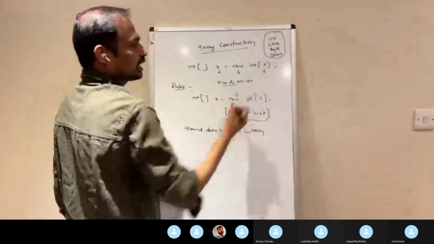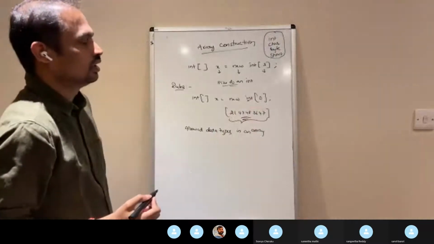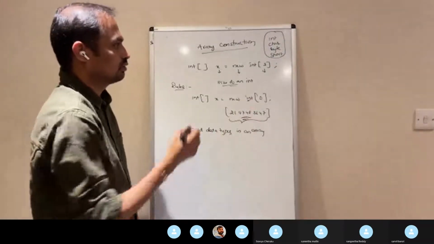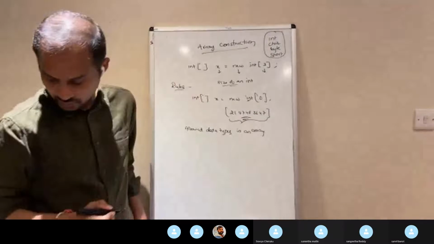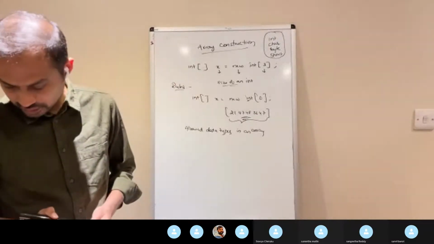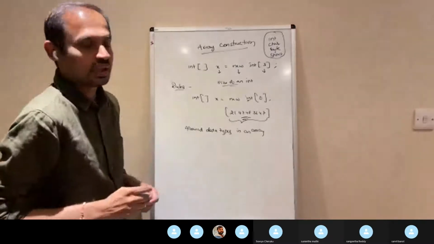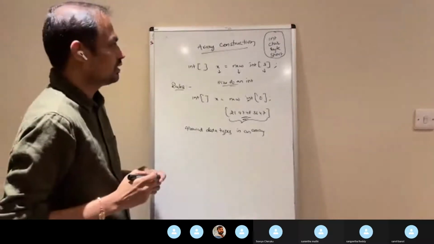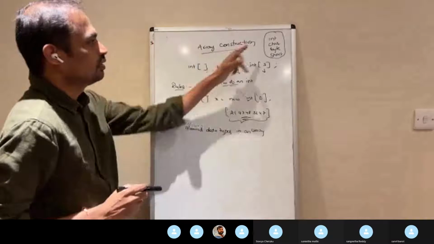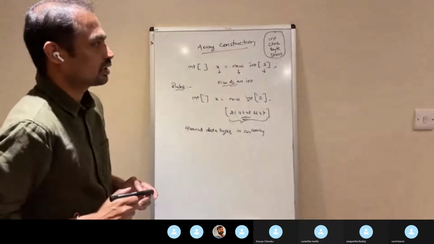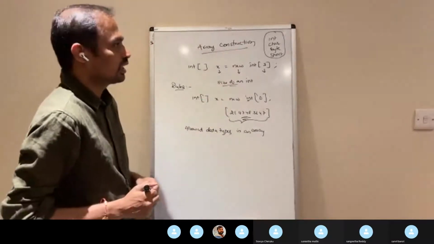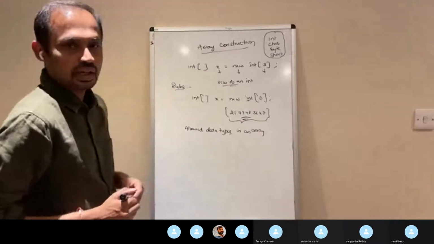Only these 4 data types that we can use for an array. Okay. Long, sorry, there is no long. If I told you previously long, no, there is no long. Only int, char, byte, and short. These are the only 4 data types that we can use in an array.